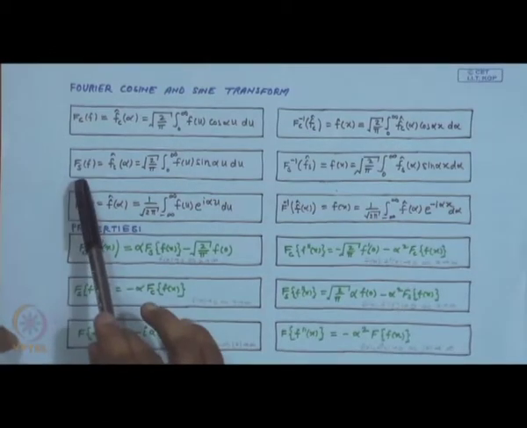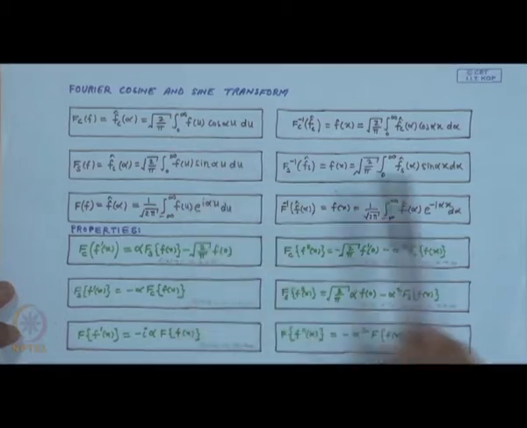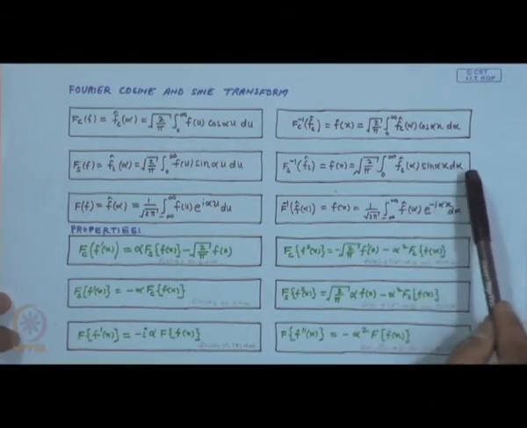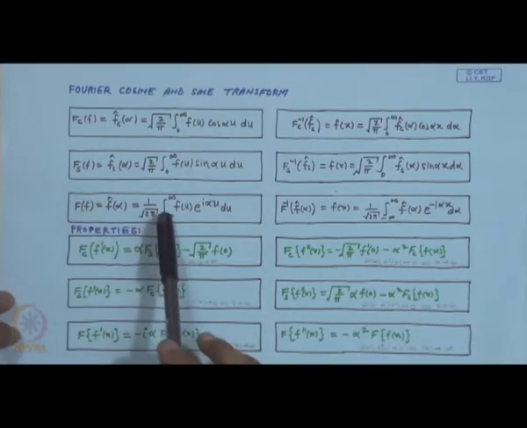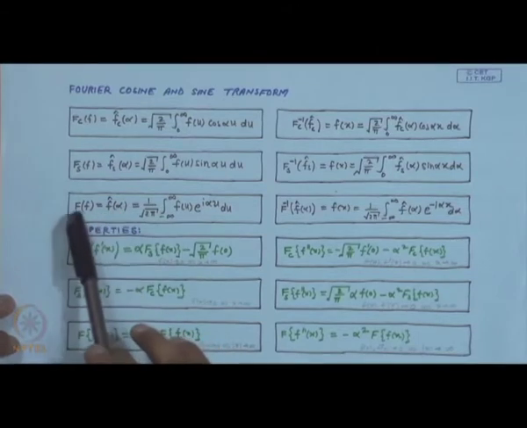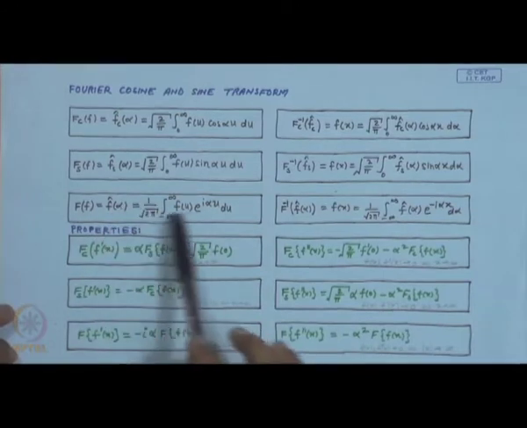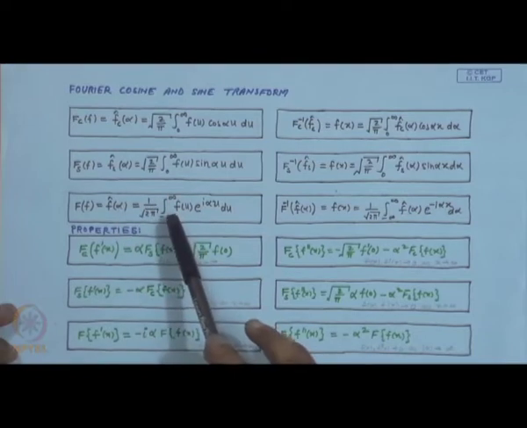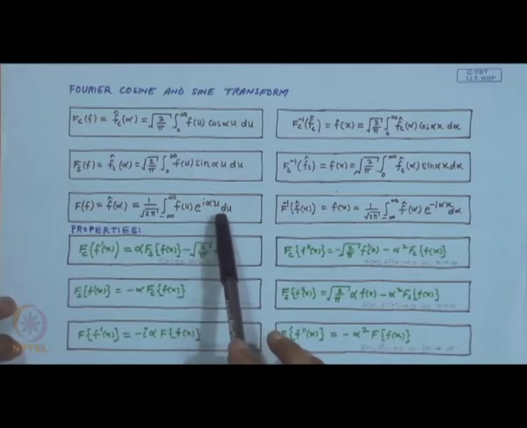Similarly, for the sine transform, instead of cos(alpha u) we have sin(alpha u), and in the inverse, in place of cos(alpha x) we have sin(alpha x) d alpha. And then we studied the Fourier transform. In this case, the Fourier transform of f we will also denote by f hat of alpha, because this is a function of alpha now: 1 over square root of 2 pi times the integral over the whole axis of f(u) e^(i alpha u) du.